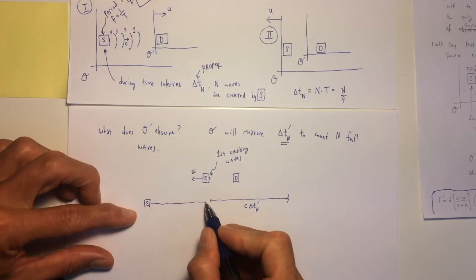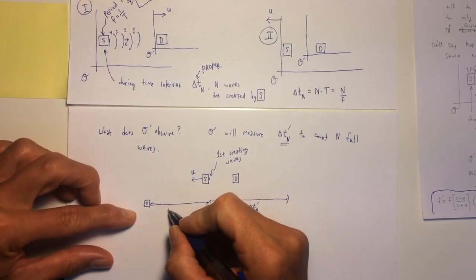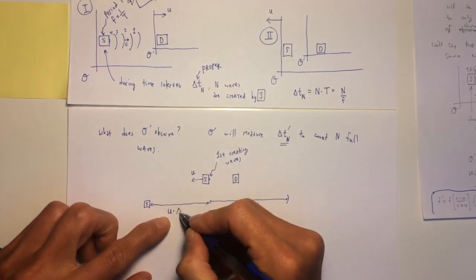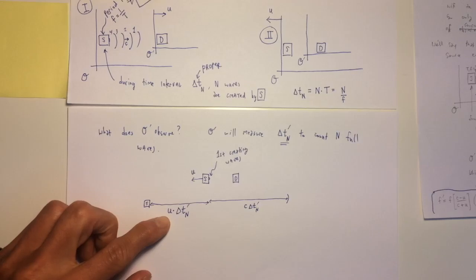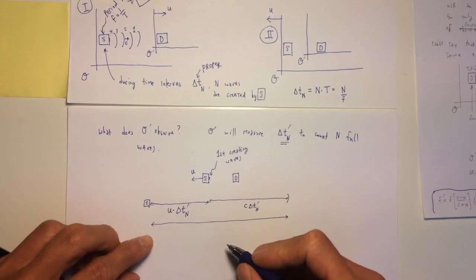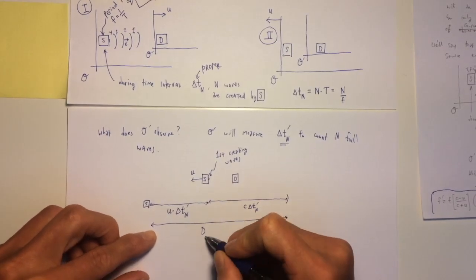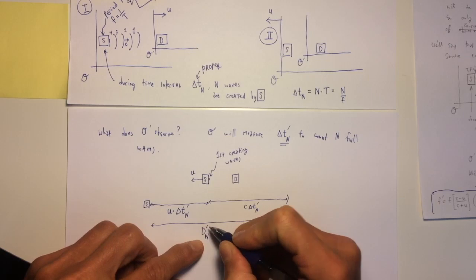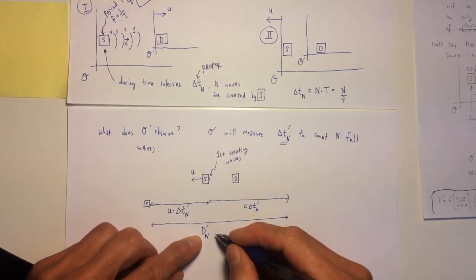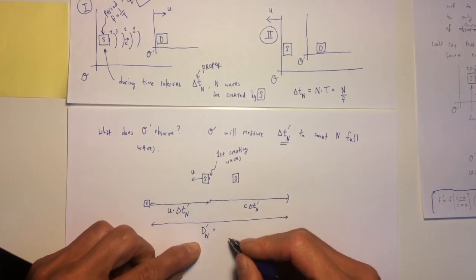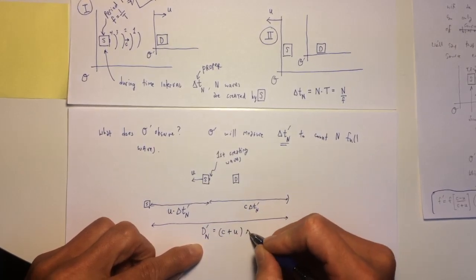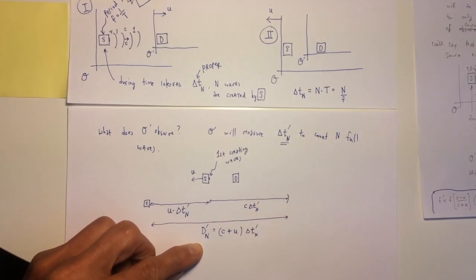And this distance right here is the distance that the source travels during that very same time interval. And so this distance in total is a capital D. I'm going to call it capital D sub n prime, because it's the distance that would be measured by O prime. And this distance is the summation, so it's c plus u times delta t sub n prime.